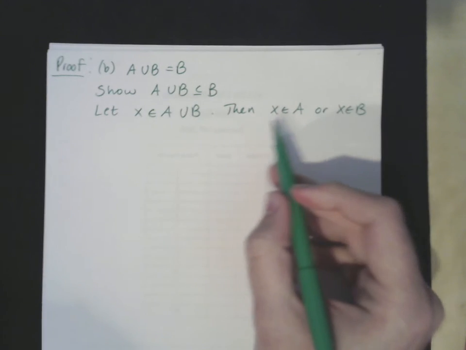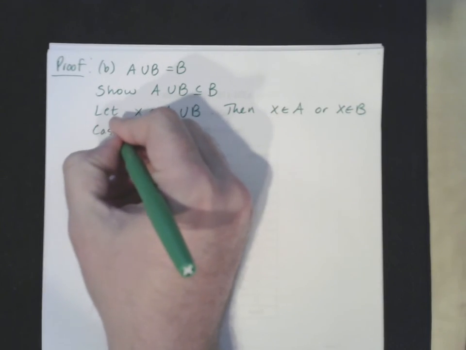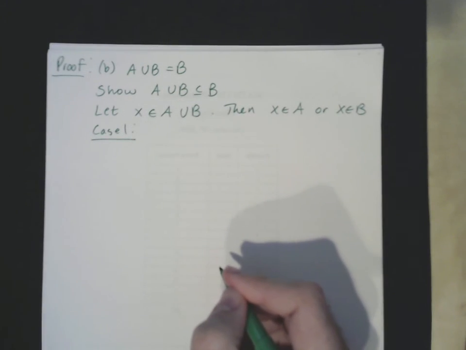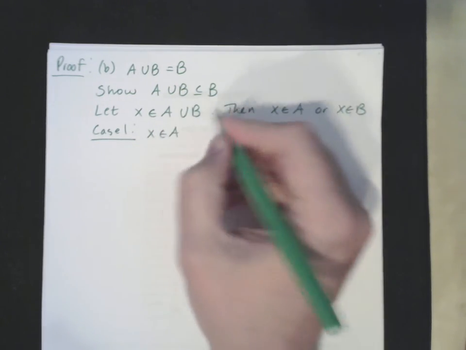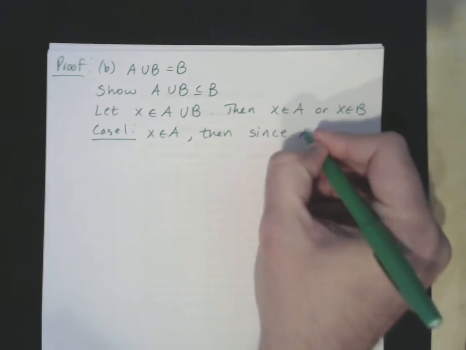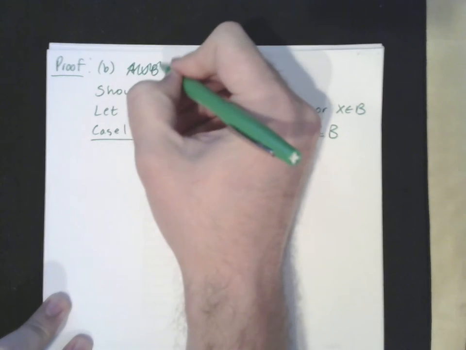Now, it looks like this should be cases, and technically it is, but a lot of times you'll see these types of cases not actually written in the case format, and that's because if we let X be in A, then since A is a subset of B, remember that's our initial hypothesis. Oh, that means that I wrote this wrong.